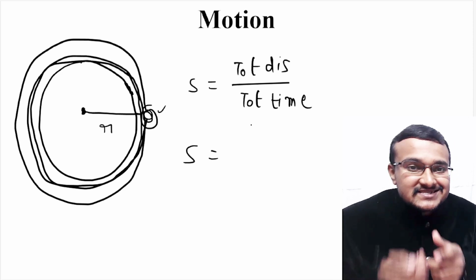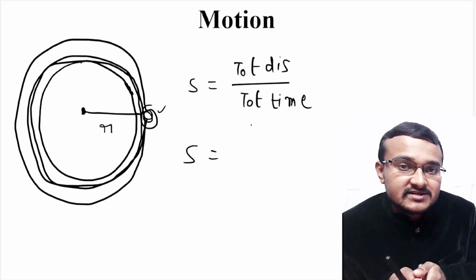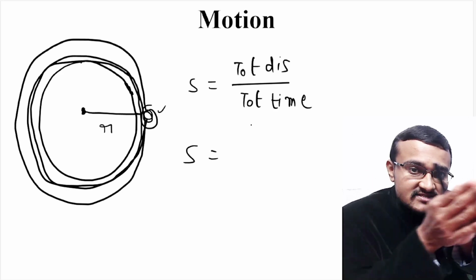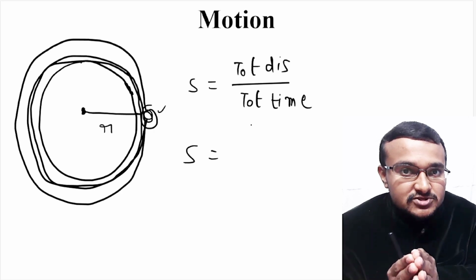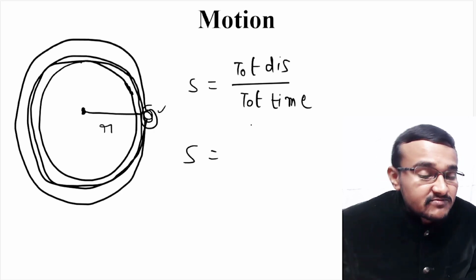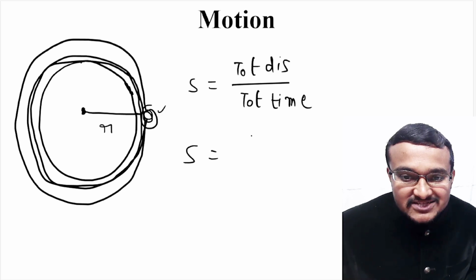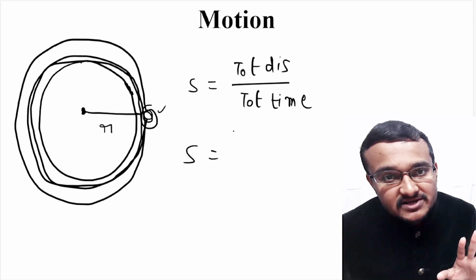The total distance is the circumference of the circle, because the object, person or vehicle is covering the circular path along the circumference of that circle. They are tracing the circumference of the circle, so the total distance will be equal to the circumference of the circle.